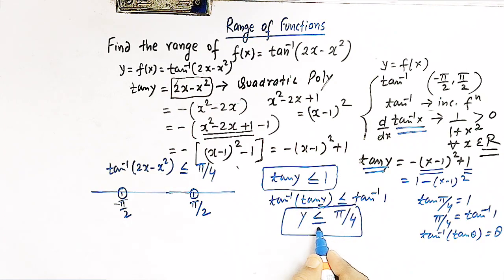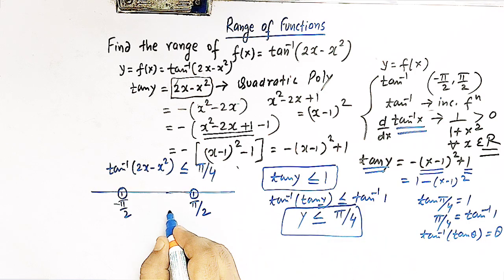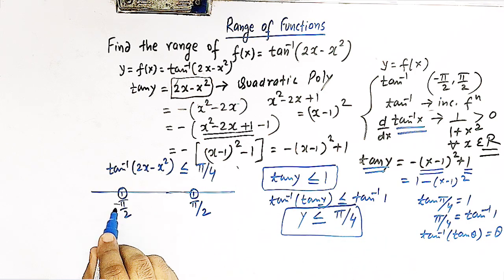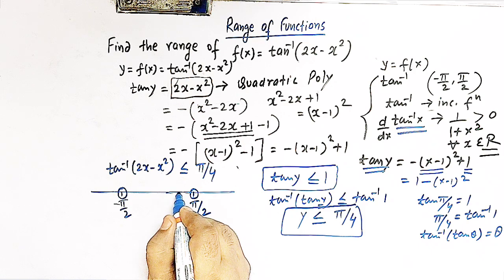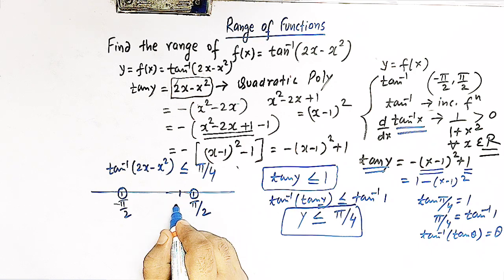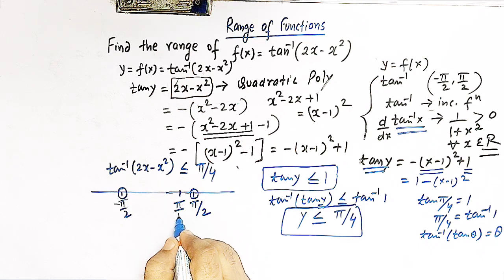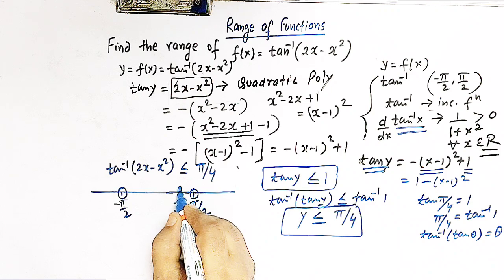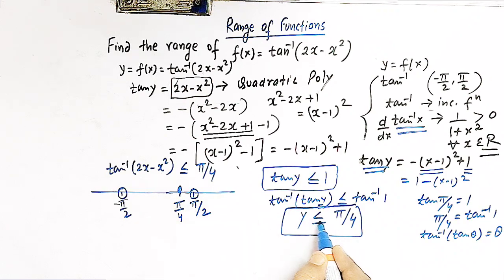So let us locate y equal to pi by 4, and pi by 4 lies between minus pi by 2 and pi by 2. So pi by 4 lies somewhere here, and here pi by 4 is included, because y is equal to pi by 4 and less than pi by 4.